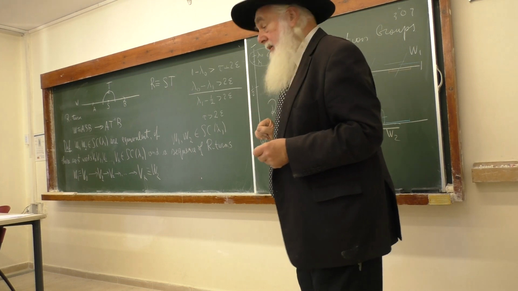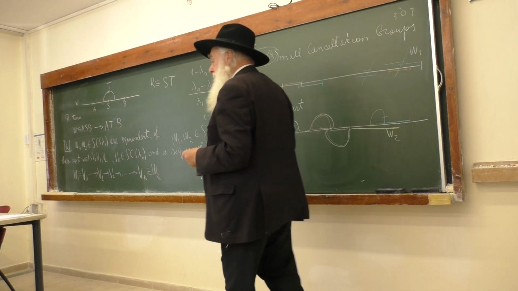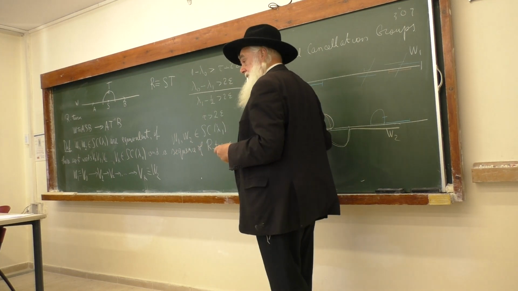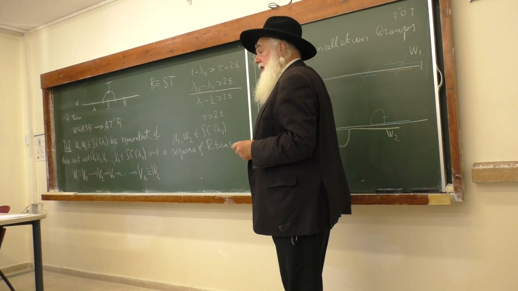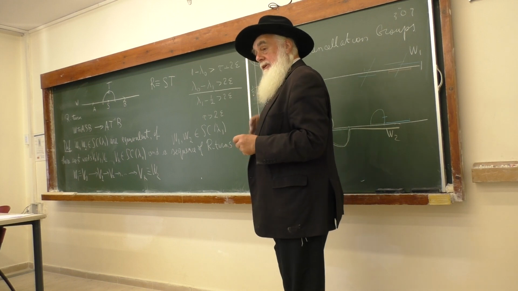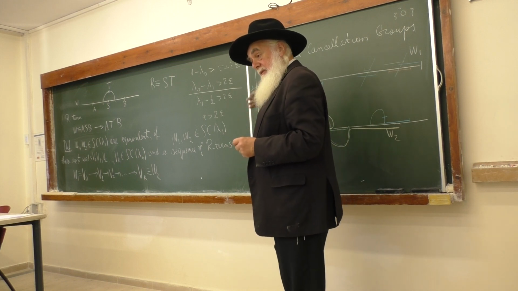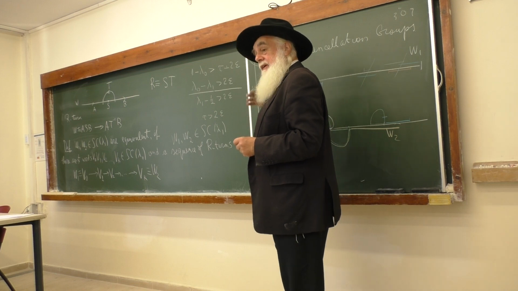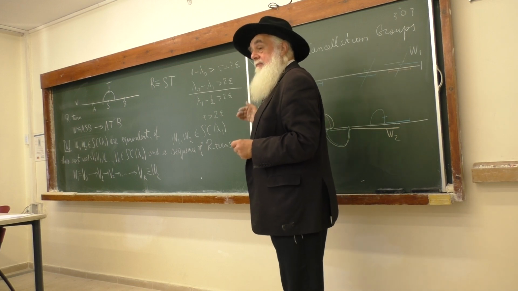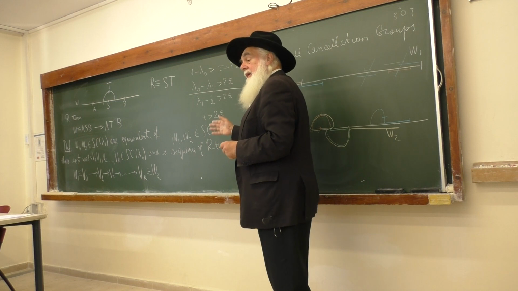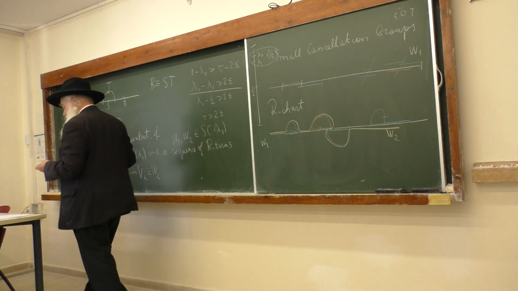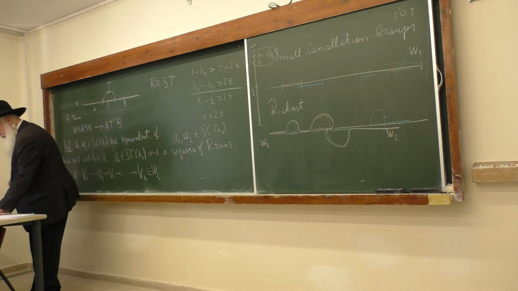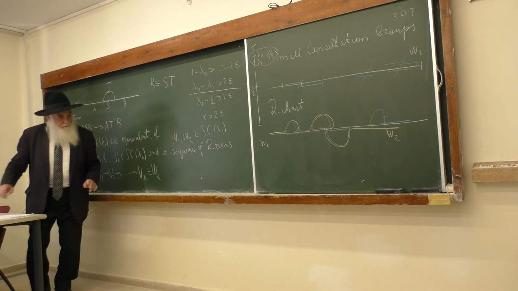I'm claiming the simple thing that every element of a chart whose length is at least tau plus 2 epsilon will have its non-trivial image in the result. It's important. Let me state it explicitly.